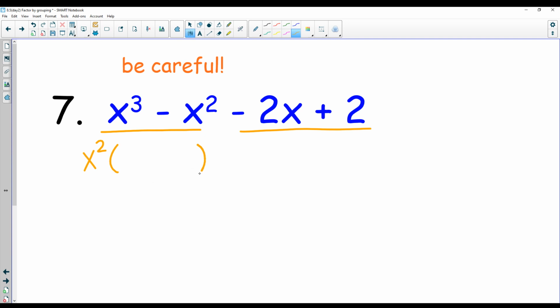You got to take out the most that you can. So the most that's in common, okay? So if I divide this by x squared, I have an x left, okay? Because remember there's 3 of them here, and you're gonna cancel 2 of them, so you still have an x, right? Here, if I divide by x squared, they both cancel, and I get a 1.